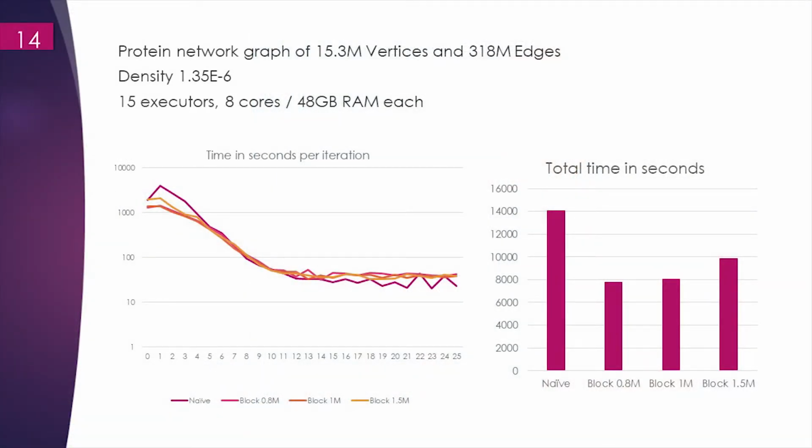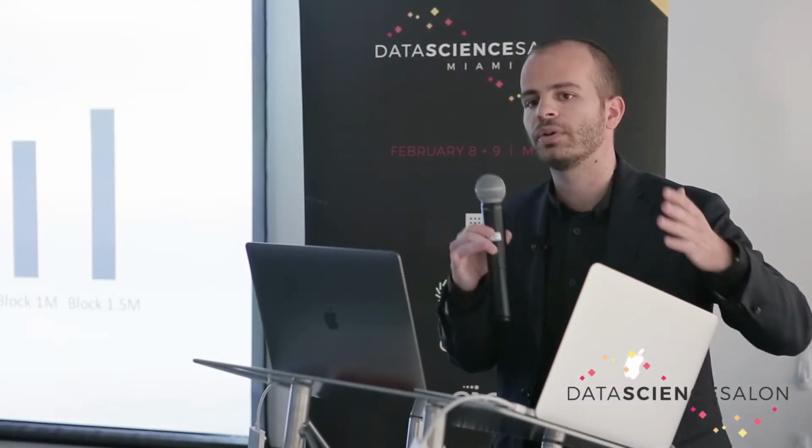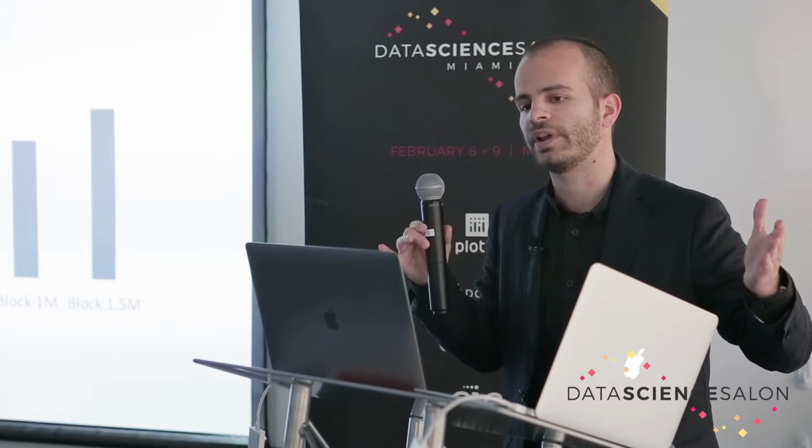So, a few examples. To test this methodology, we generated some graphs from protein networks. Protein networks are usually very sparse graphs. For those who have a background in biology and genomic sequencing, they would probably understand that better. We took a couple of proteins and found the similarities to each other.